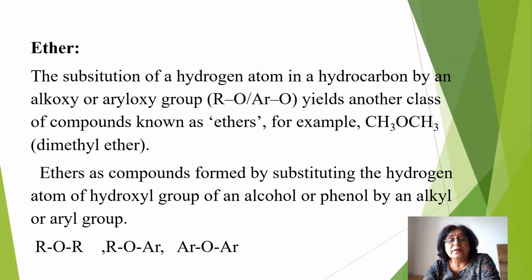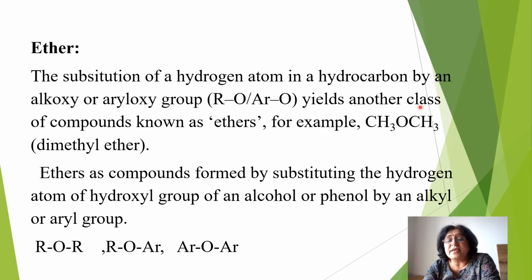Clear? Now ethers. Substitution of a hydrogen atom in a hydrocarbon by an alkoxy group, that means when H is replaced by OR, an alkoxy group or aryloxy group, yields another class of compounds called ethers.